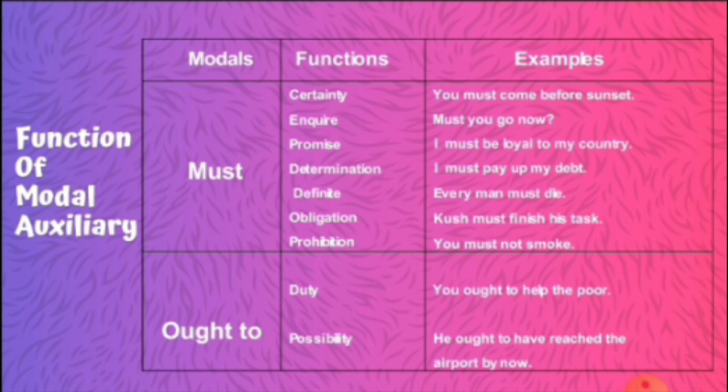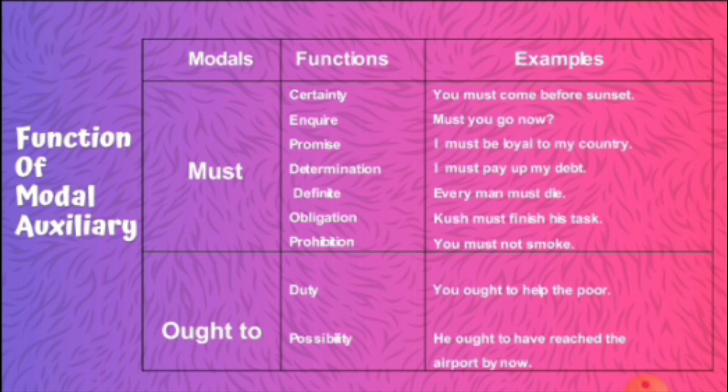So when we use must, our sentence has some positive intent, and the sentence can be said forcefully, like this, you must leave now. So this sentence shows an order, and there is certainty. So there are n number of usages of must, like certainty, inquiry, promise, determination, definiteness, obligation, prohibition. So in this way we can use must as well.